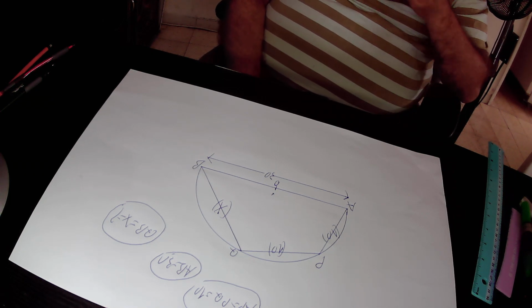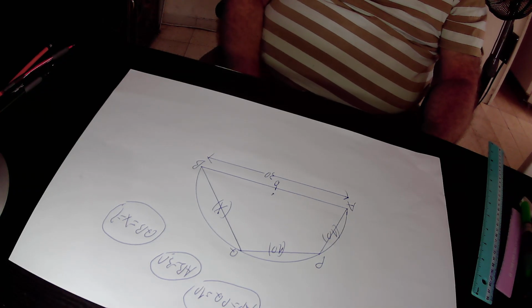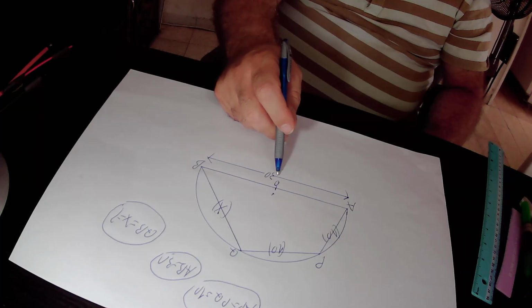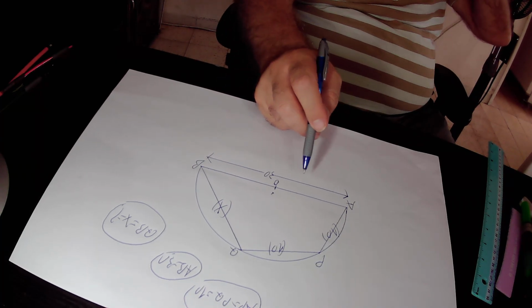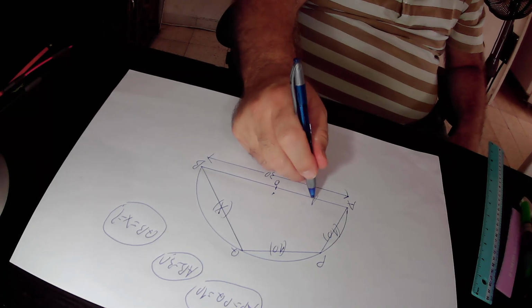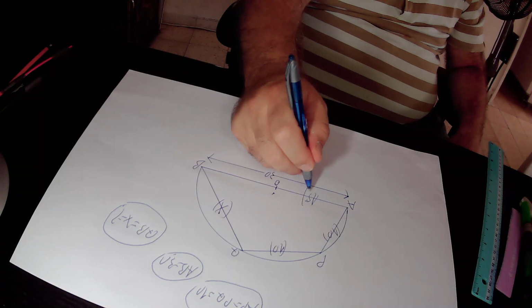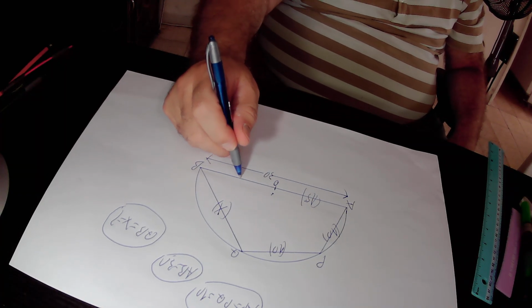Point O is the center of the semicircle and point A is on the semicircle itself. Therefore OA is the radius, equal to 15 units. Likewise, OB is also a radius, equal to 15.